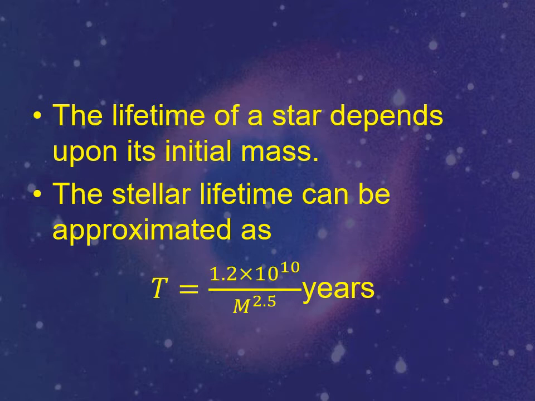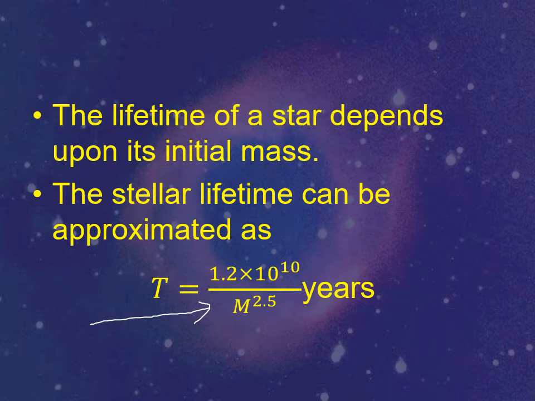But for stars, the way this works is that the lifetime of the star is inversely proportional to the mass to the 2.5 power. So you take the rough age of a star, 1.2 times 10 to the 10 years, divided by the mass to the 2.5 power. Now that is mass in solar masses. So what you do is you figure out how many solar masses the star has.